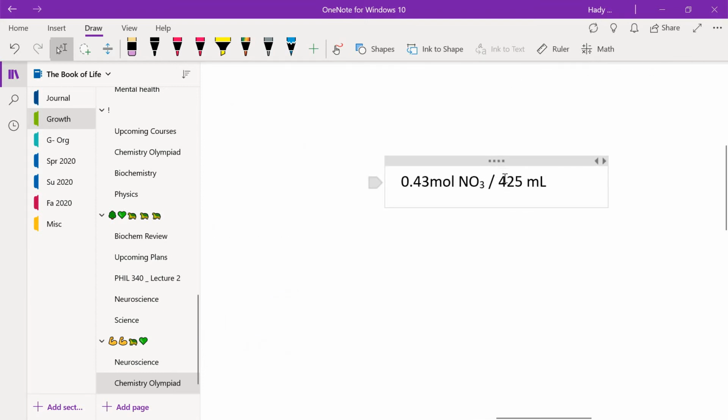So we just have to convert this into liters. Off the top of my head, I would just be like, okay, that's that many moles of NO3 per liter. I mean per 0.425 liters, because I know that this is equal to 0.425 liters.